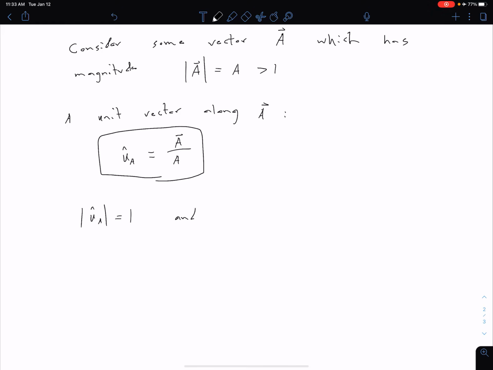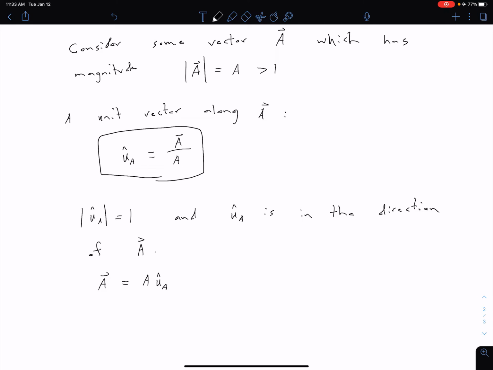And we can also notice that our unit vector, U sub A, is in the direction of our vector A. One other thing we can observe is that we could define our vector A as being equal to the magnitude of that vector A in the direction of our unit vector, U sub A.